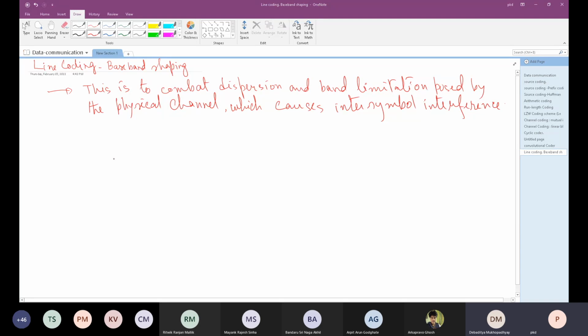That means when we transmit two symbols, if there is interference between the symbols, the chances of error will be more.